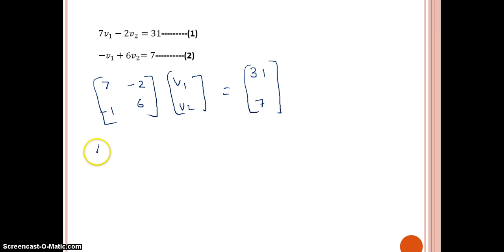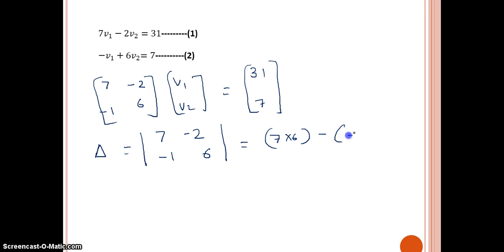Now get the determinant of the first matrix: 7, minus 2, minus 1, 6. So it is 7 into 6 minus 2 into minus 1. We are getting it as 40. Similarly, calculate delta 1 and delta 2.